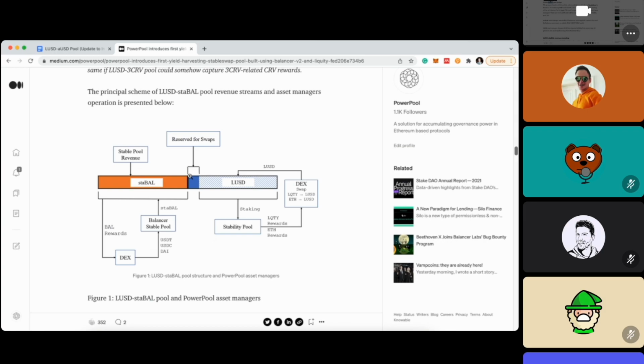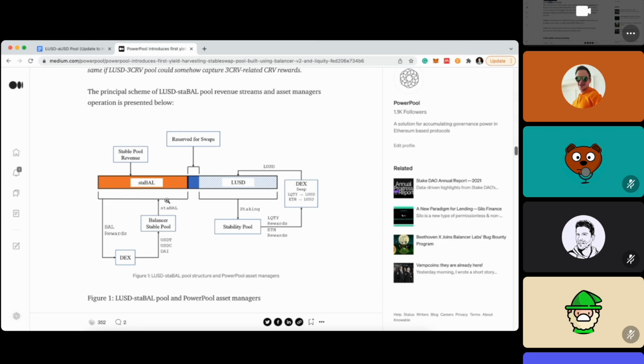If the deal size exceeds these reserves, part of the LUSD, for example, will be unstaked from the stability pool, and the buyer of LUSD will get his order settled. But this unstaking costs additional gas, and this is why we decided to have some reserves to avoid these gas expenses on little trades.